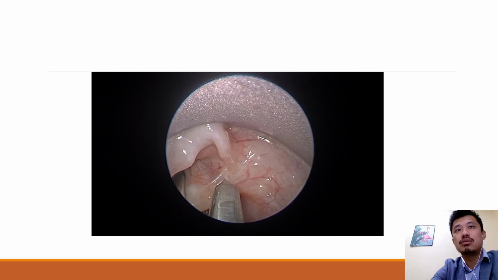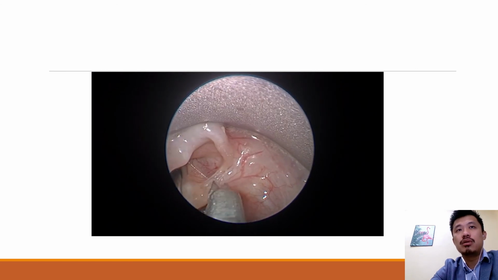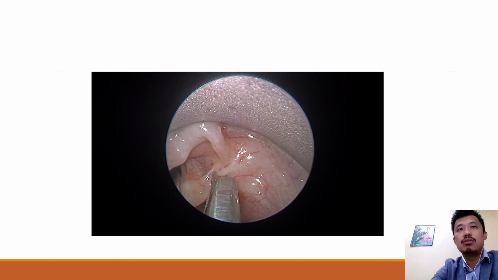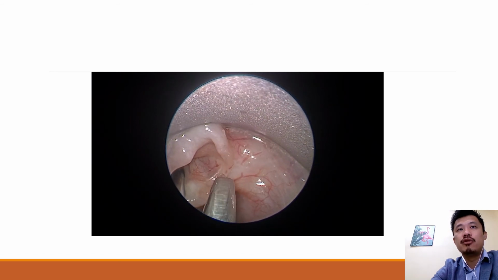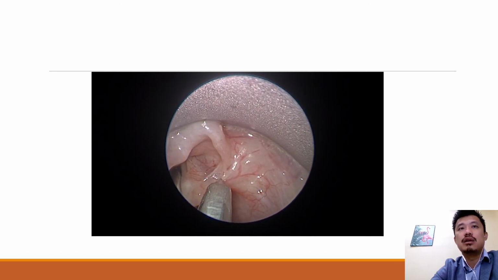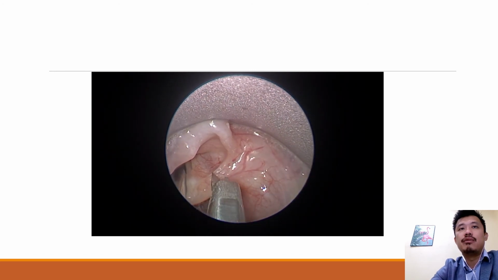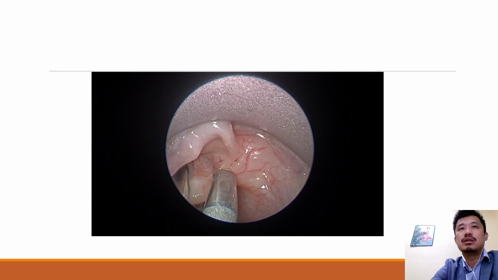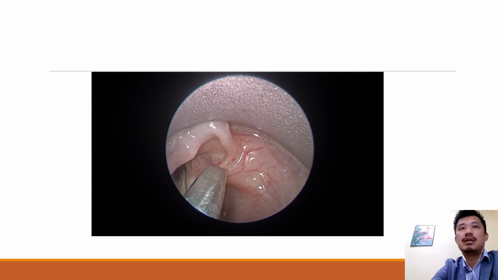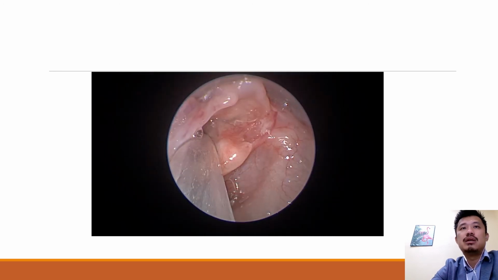We are going to do a small nick at this AE fold, this band. We first cut it using a cold instrument, and subsequently we use diathermy to release the band for this patient.